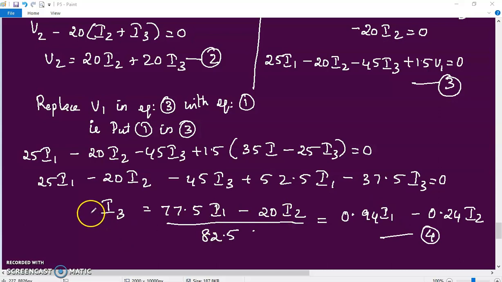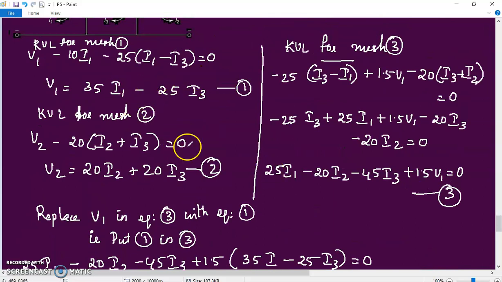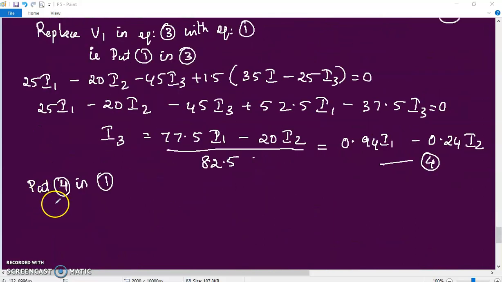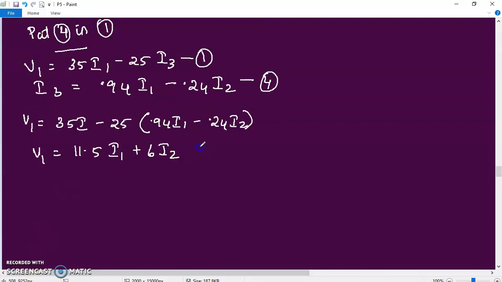Now that we have got I3 in terms of I1 and I2, we can put this I3 in these two equations. That is, put equation 4 in equation 1. So now put 4, that is I3 in terms of I1 and I2, in this equation. Mark it as equation number 5.